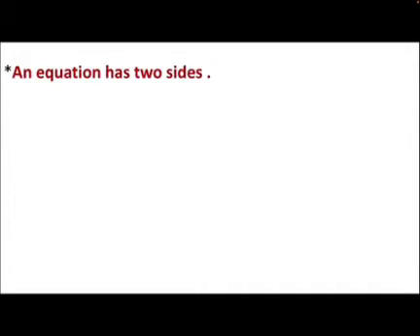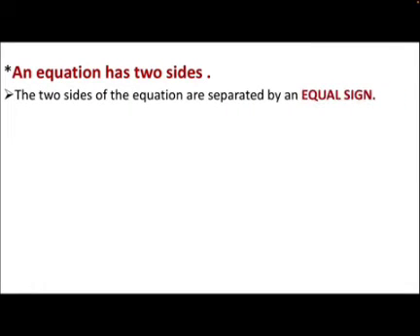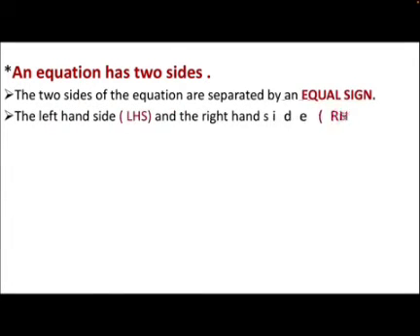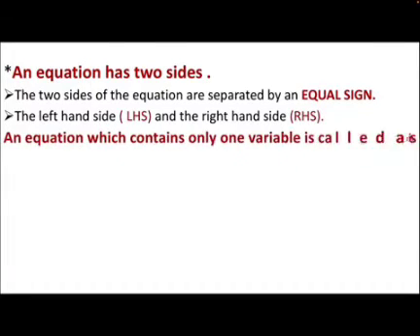An equation has two sides. Just now you learned. The two sides of the equation are separated by an equal sign. The left hand side, that is LHS, and the right hand side, that is the RHS. So an equation which contains only one variable is called simple equation.